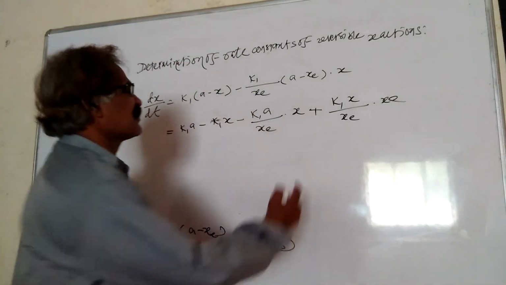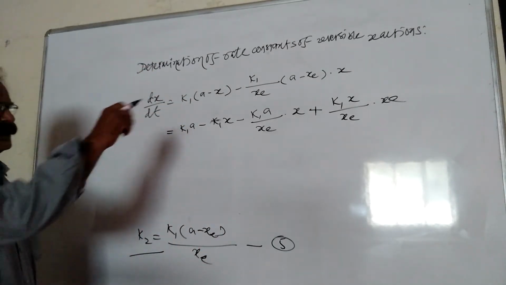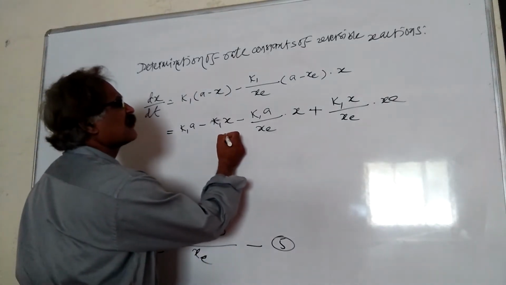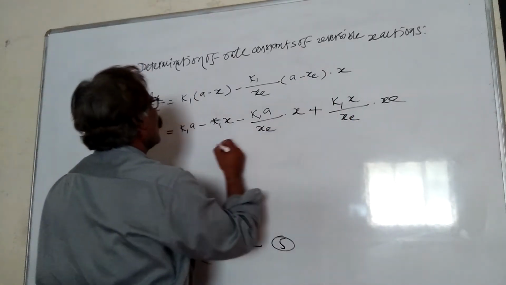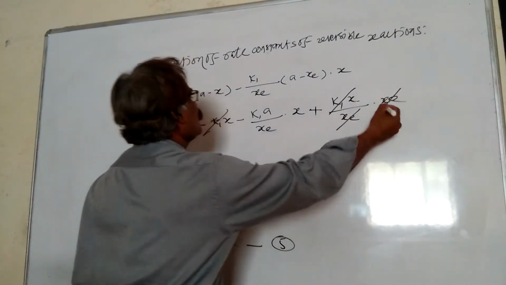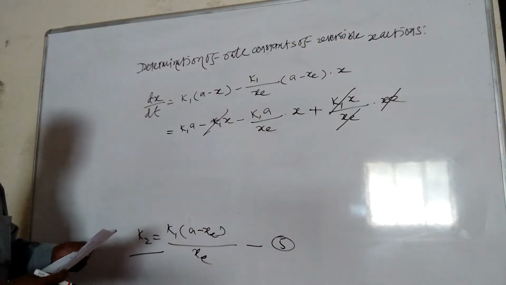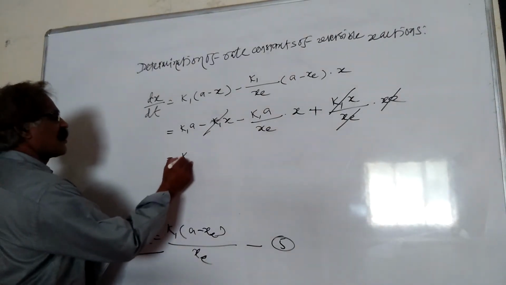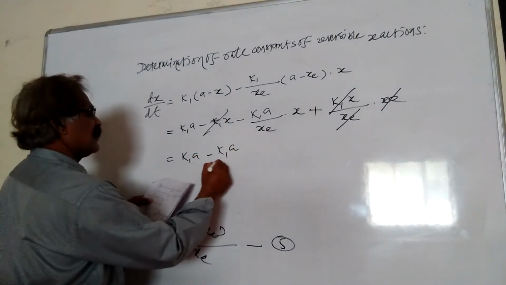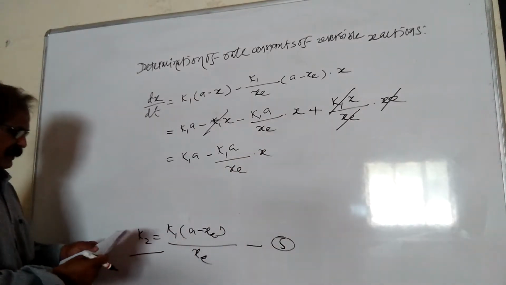When we look at this expression, we will see that certain terms in it cancel. Minus K1x cancels with plus K1x. This xe cancels with this. Okay, and we get K1a minus K1a upon xe into x.